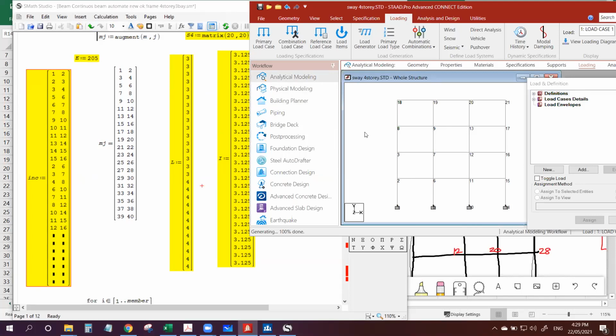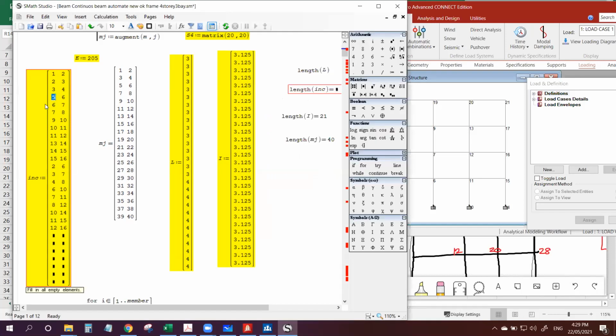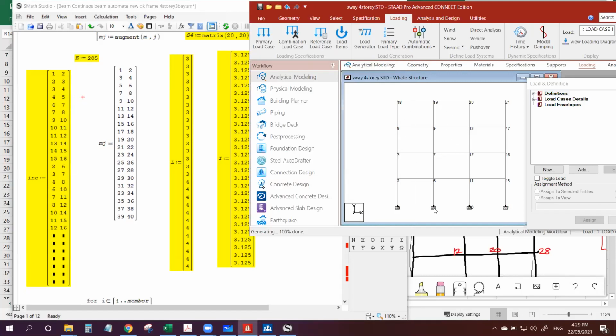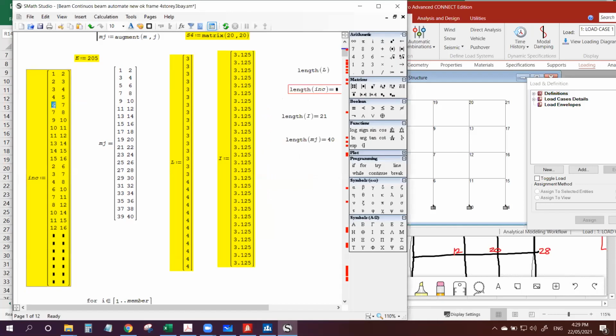Okay. So instead of 1-2, 2-3, 3-4, this becomes 4-5. Yeah, this becomes 4-5. Then 5-6. Ah, no, no, no. 1-2, 2-3, 3-4.